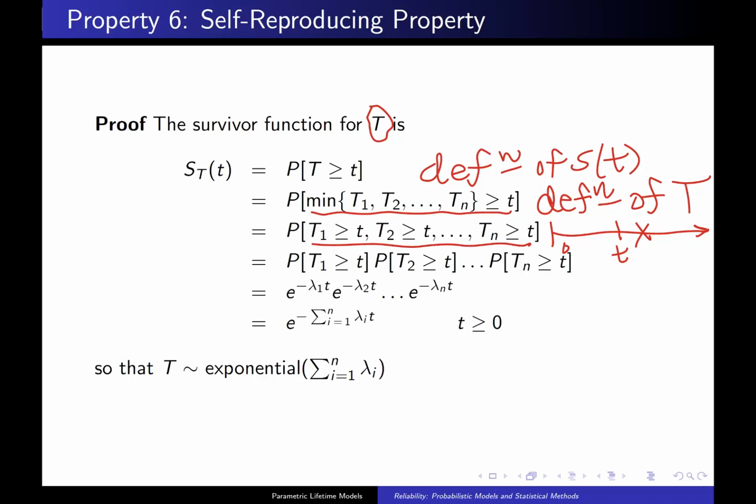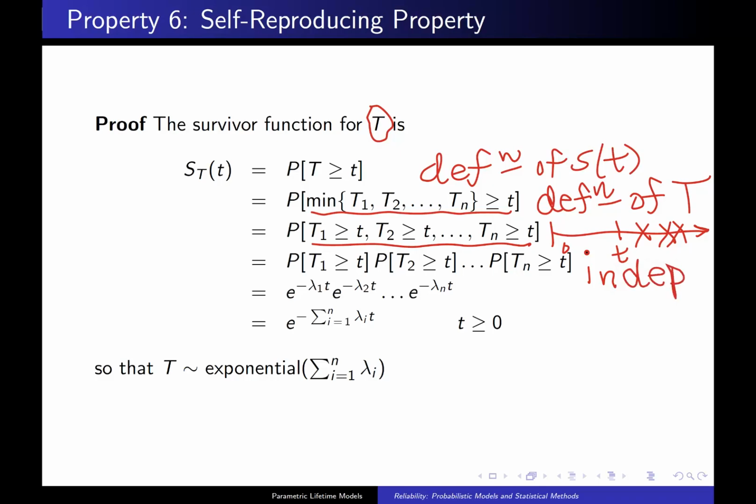So not only the minimum, but the second smallest, third smallest, etc., all of them are greater than or equal to t. So you can think of that step there as equivalent events. This can be broken into the product of the probabilities by independence. So that takes you to this step.